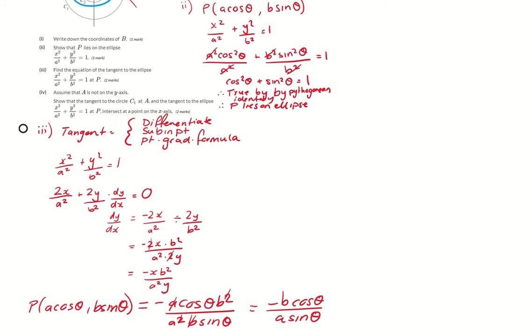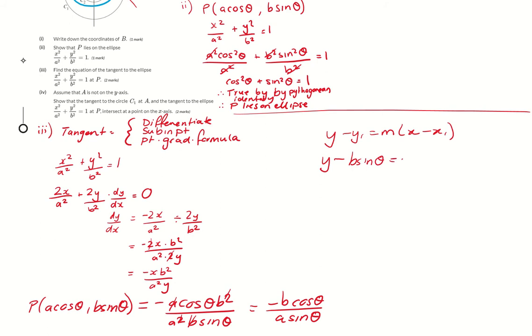Once I have my gradient, I use my point gradient formula. y minus y1 is equal to m times x minus x1. Sub in my point P. And like the last video, I multiply that side by a sine theta and expand the numerator on this side.